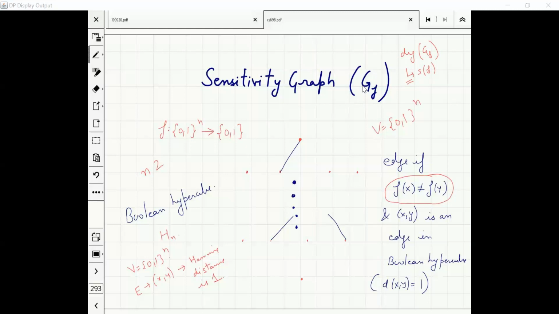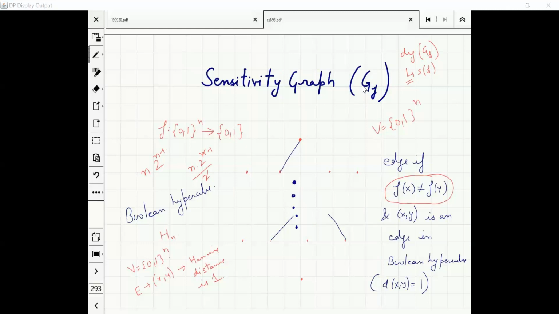Very good. That is because every vertex has n edges, and then you divide by 2 because every edge takes part for 2 vertices. So these are the maximum number of edges in a sensitivity graph itself.